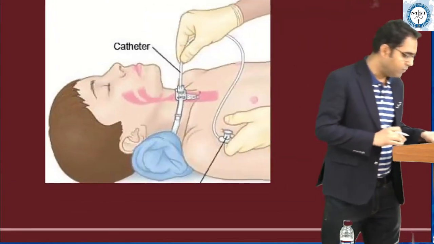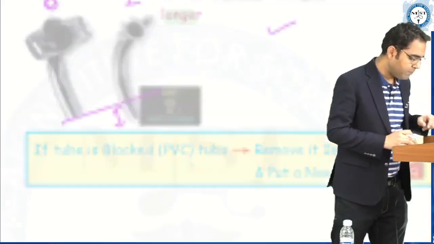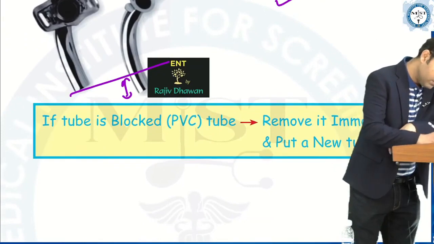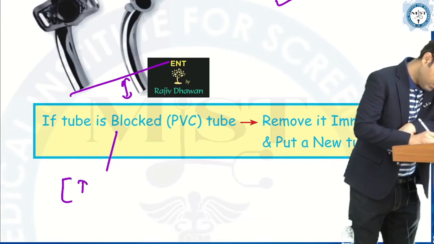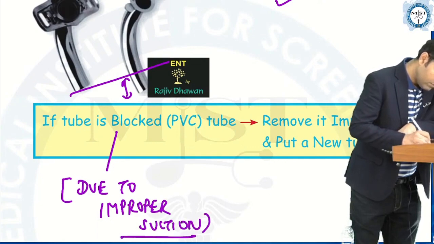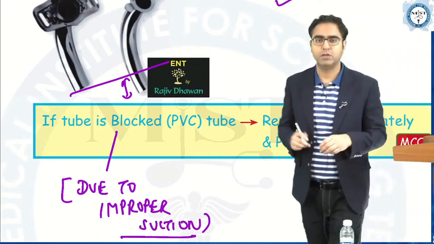Okay. Now, write down, beta. Come to the notes. Write down: if tube is blocked, put an arrow. Why? Due to improper suction. You did not suction it.